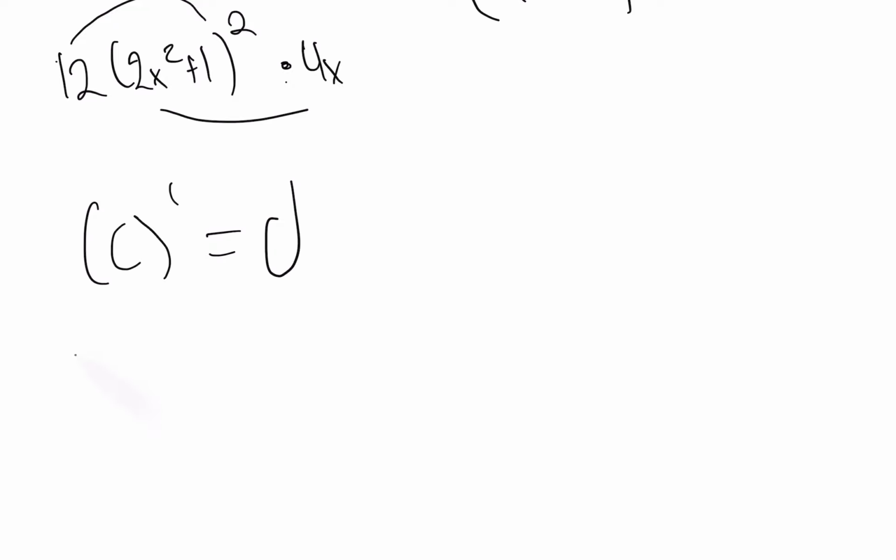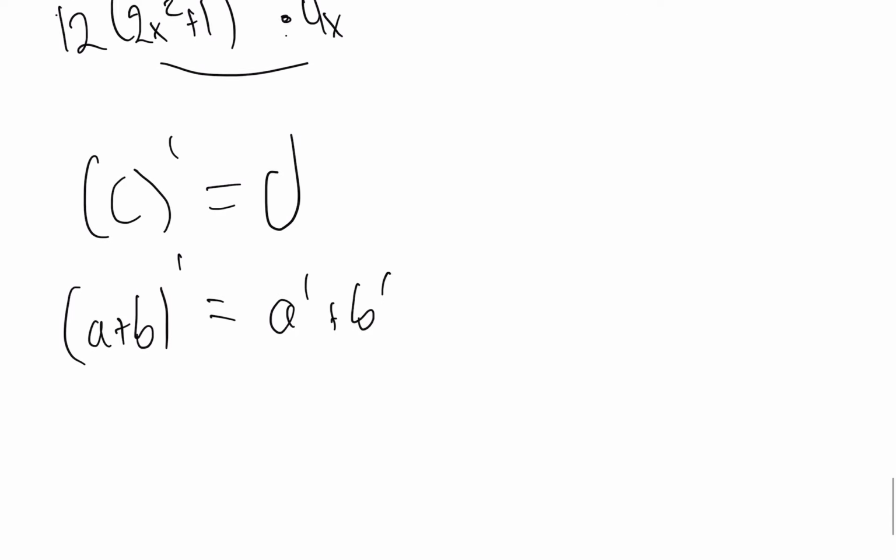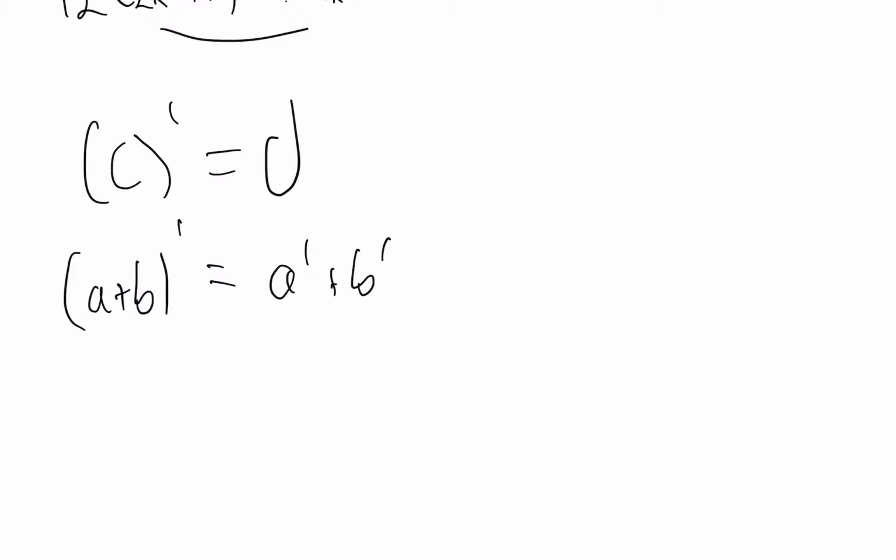The sum rule is that the derivative of a sum will be equal to the sum of the derivatives. And the difference rule is the same thing, just minus instead of plus, right? So these are just some of the rules that you kind of need, right?